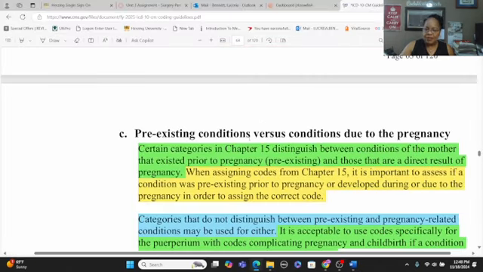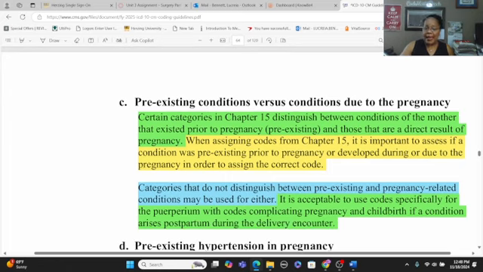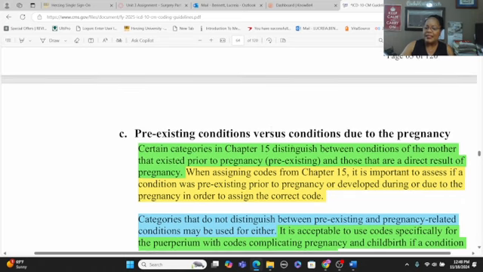Pre-existing conditions versus conditions due to the pregnancy. Certain categories in Chapter 15 distinguish between conditions of the mother that existed prior to pregnancy, they call them pre-existing, and those that are a direct result of the pregnancy.